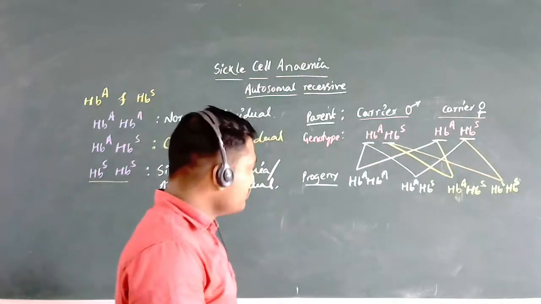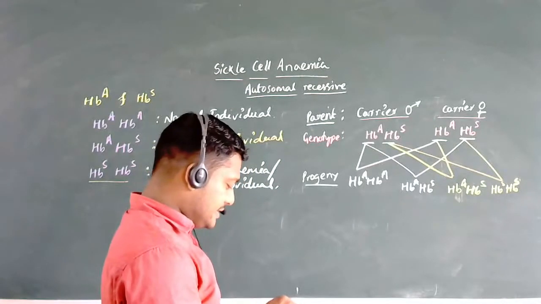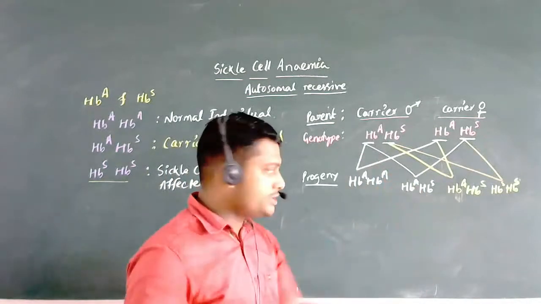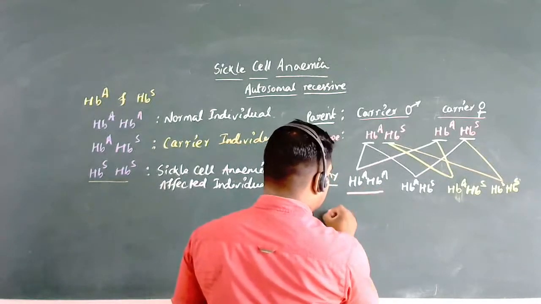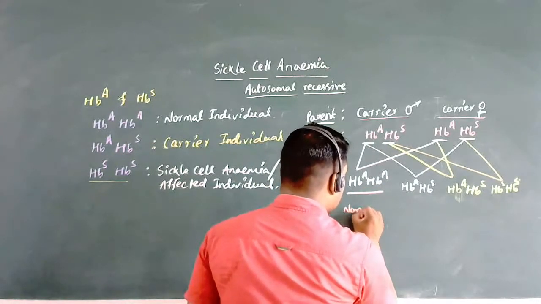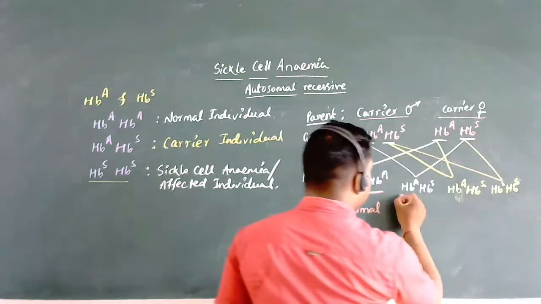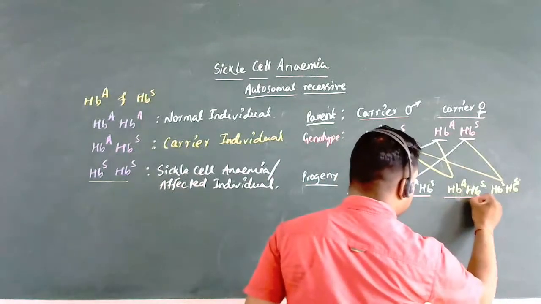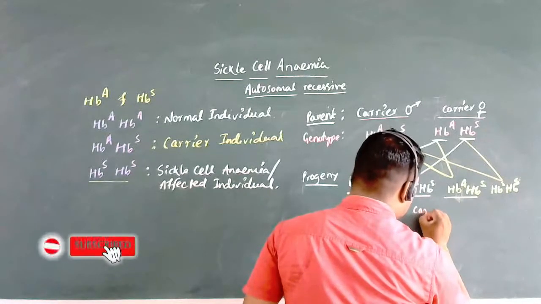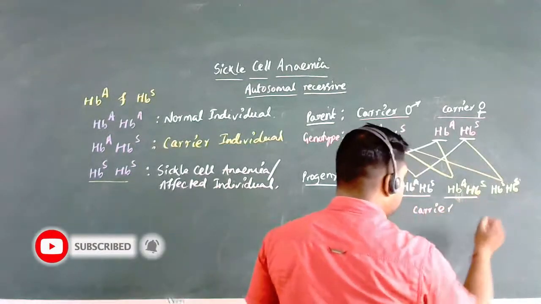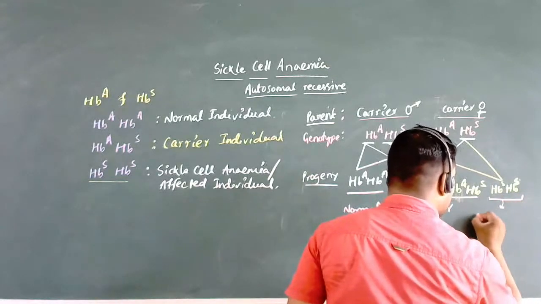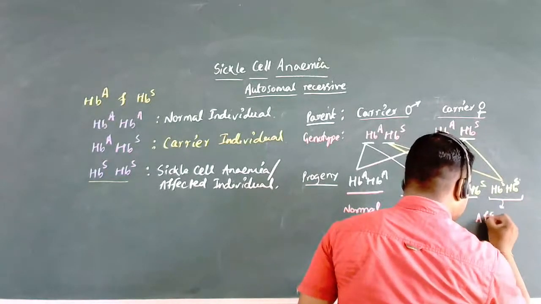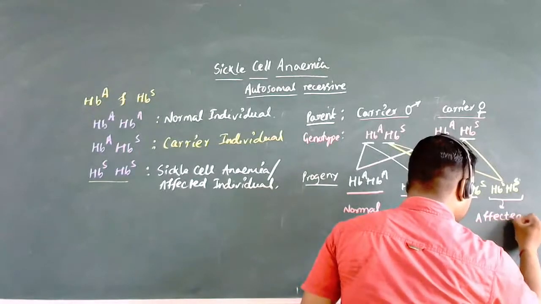So you take the carrier example as the parent example and you get the progeny. Once you do that, you have to write down the outcomes, or what the condition is in them. When it is HBA HBA, it is going to be a normal individual. When it is HBA HBS, as you can see in both of these cases, these are going to be carrier individuals. And when you have HBS HBS, it is going to be the affected individual.